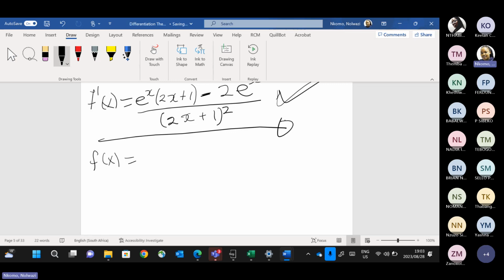Suppose your f at x is equal to 1 plus e to the power x over ln x times 2x.